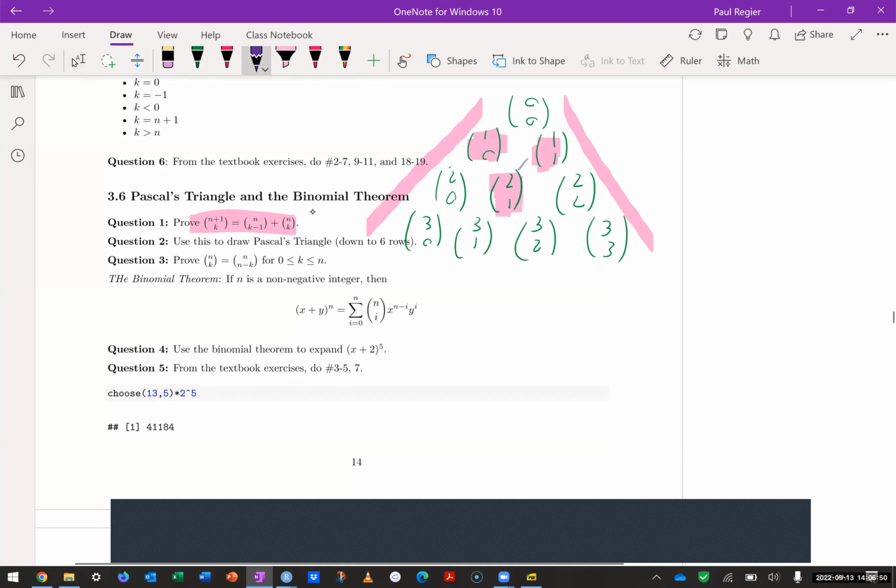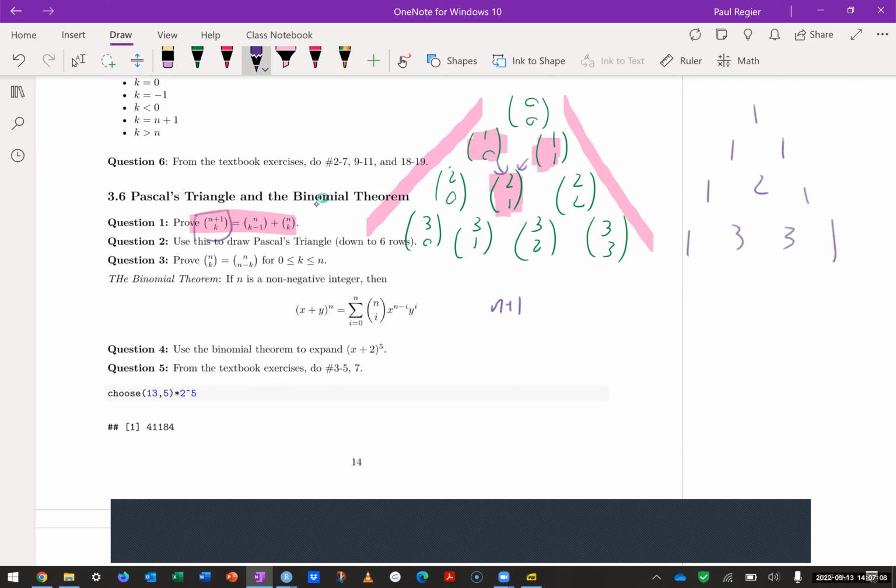So I can add these two together to get the next row's entry of Pascal's triangle. And we know the entries are always one. So that helps us fill in everything in between. Okay, so let's prove this.